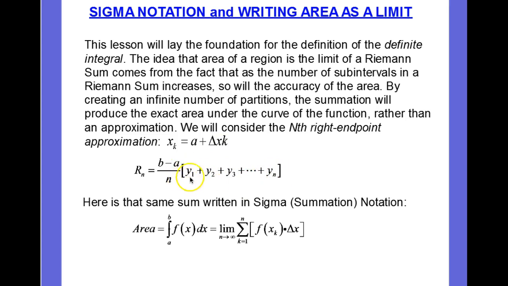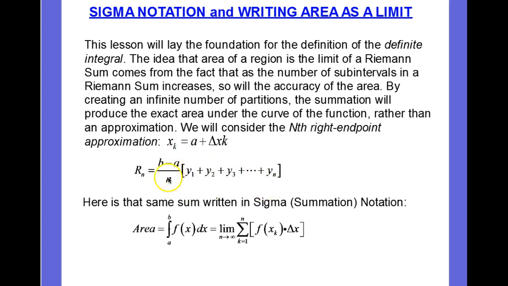So to find the area of any one of those rectangles, we would multiply the width, b minus a over n, times the height, which is the corresponding y value. And so the sum of all those areas would be b minus a over n times y1 plus b minus a over n times y2, and so on and so forth, all the way out to yn.